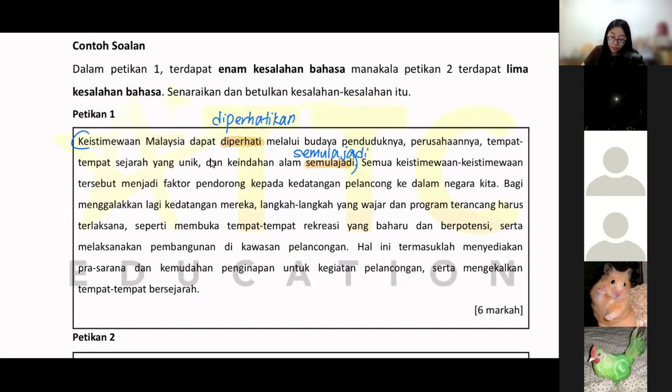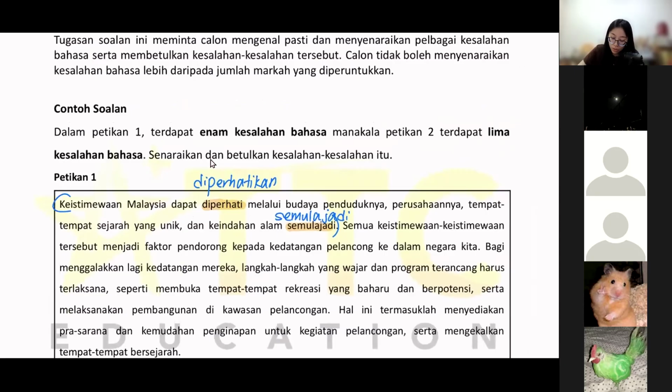Because they have 2 meanings. Okay, you see, I use active to explain. We have memerhatikan, and then we have memperhatikan. For these 2, the original words are different. One is perhati, that's why the imbuhan becomes memerhatikan. But why do I use memperhatikan? Because my original word is hati. It's a different thing.